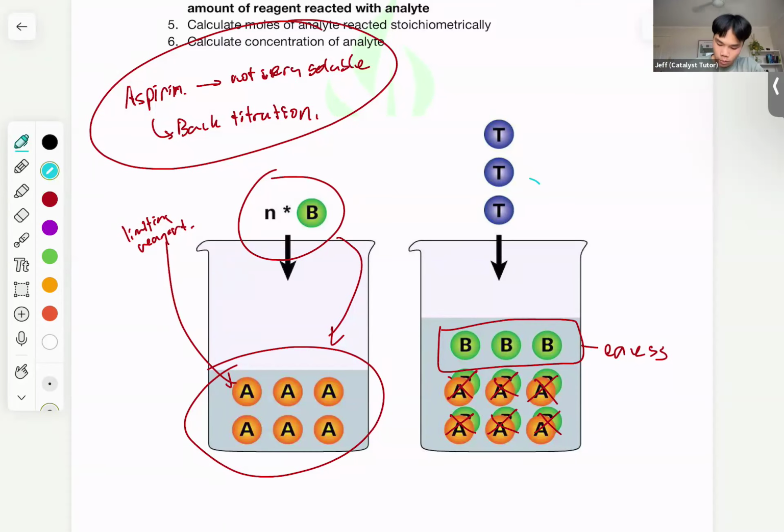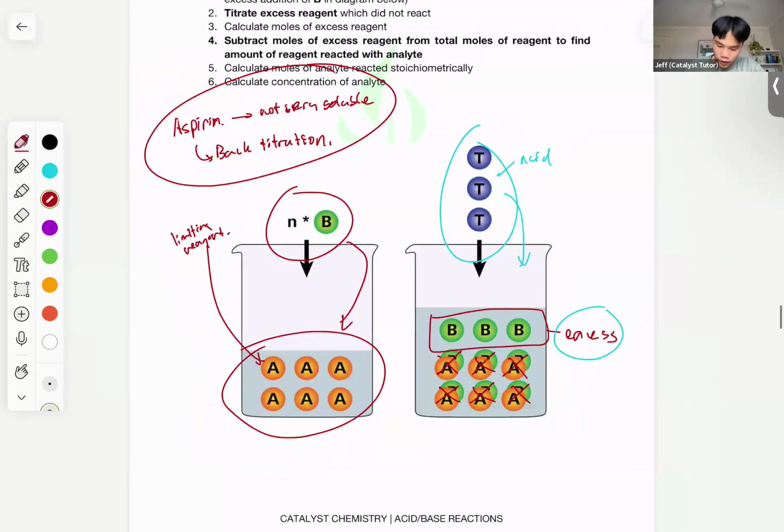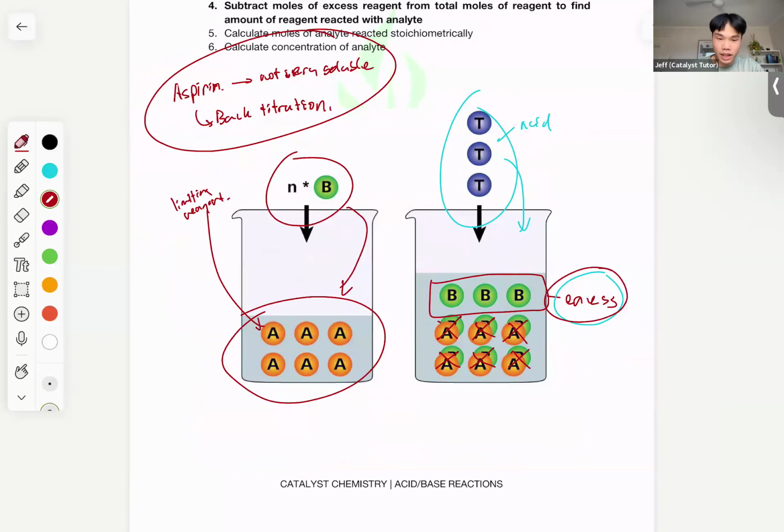So then you would perform a separate titration using some other acid to find out how much excess base you had after the neutralization occurred. The reason you do that is because if you know how much base was excess and you know the total base that you started with, you can calculate that the amount of base that reacted is equal to the total base minus the excess base.